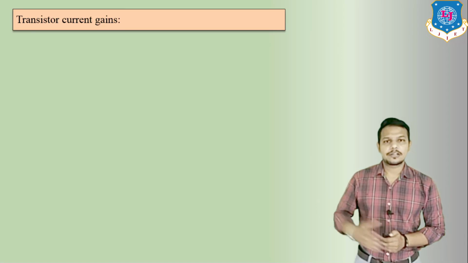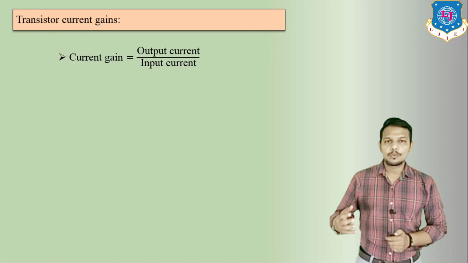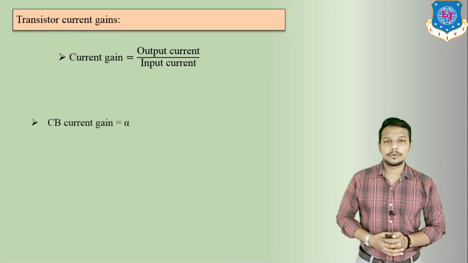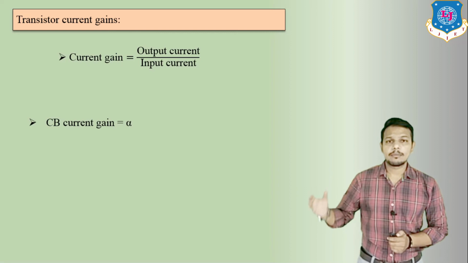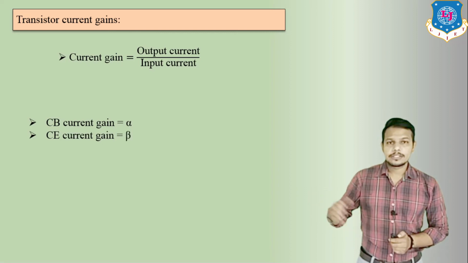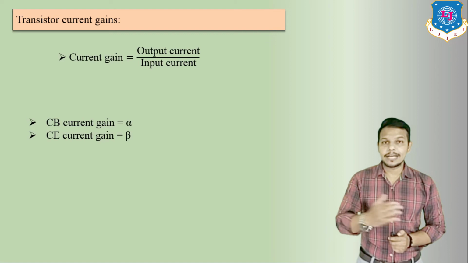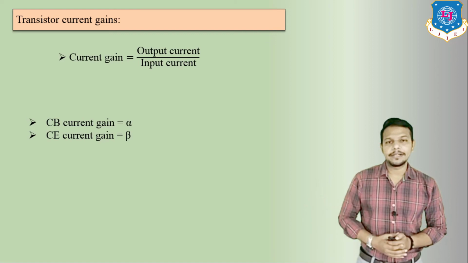Now, transistor current gains. Current gain is equal to output upon input. Gain means the ratio of output upon input. This is the CB current gain, that means common base current gain is equal to alpha. For CE current gain, as we discussed in our previous equation, IC is equal to beta into IB, so its gain is beta.